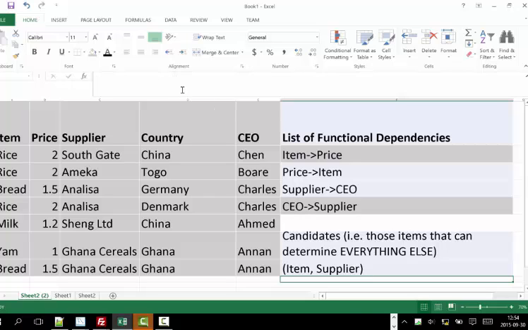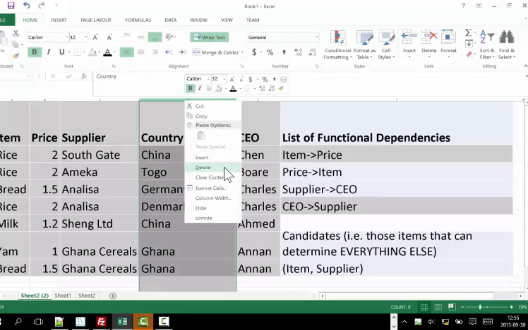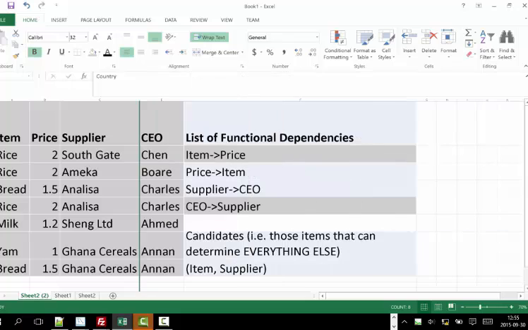If I didn't have this column, I'll be good to go. That means that I'm able to, using just my functional dependencies, determine what the key should be. So the last thing is, I hope you understand the question.